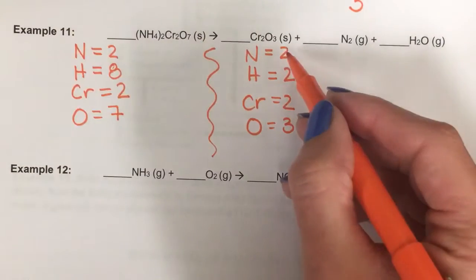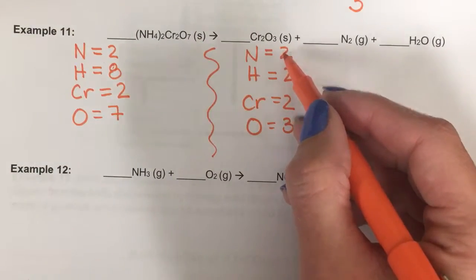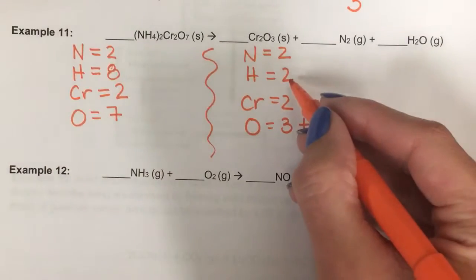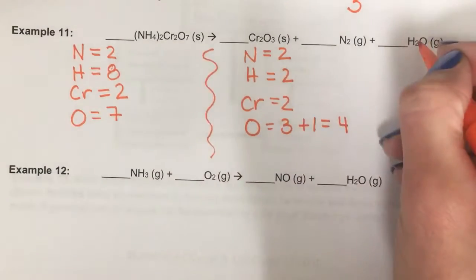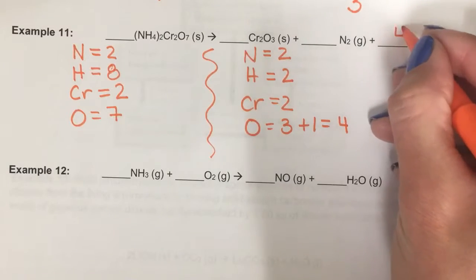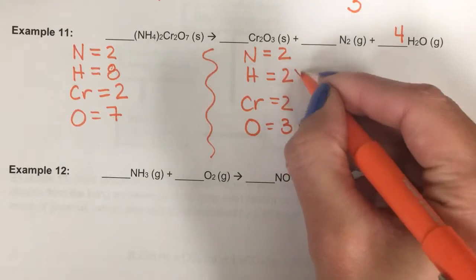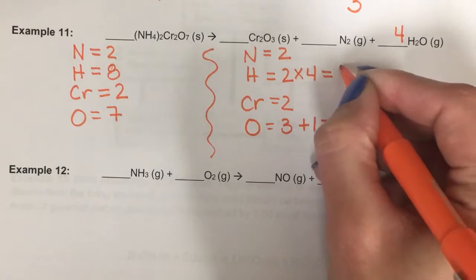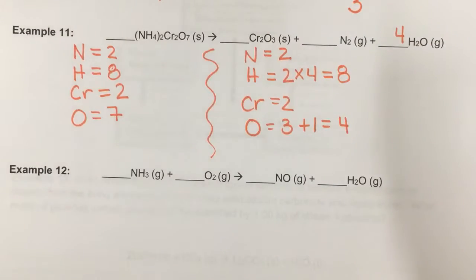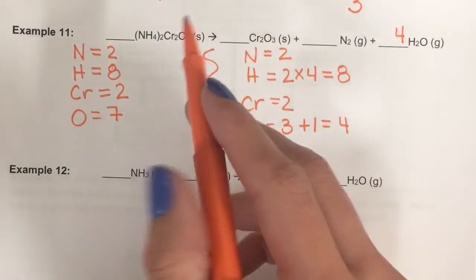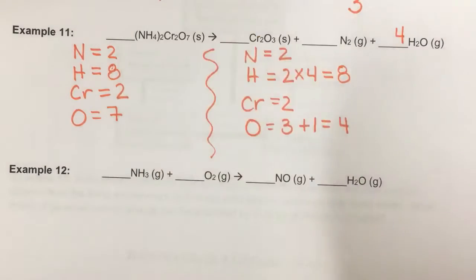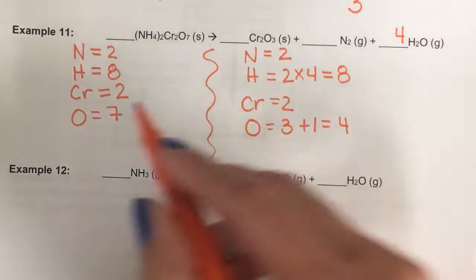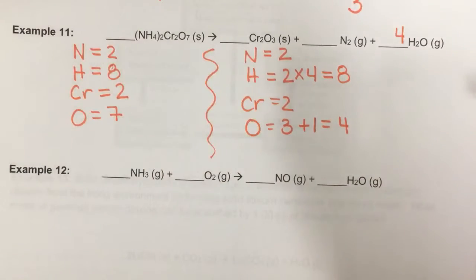So let's see what I want to fix first. My N's are already okay, so I'll leave those alone. My H's aren't. 8 here, 2 here, so I need to multiply my H by 4. 2 times 4 equals 8. 2 Crs, 2 Crs. I don't need to do anything to that. Well, right now my O's don't match, but the reason they don't match is because I screwed up.